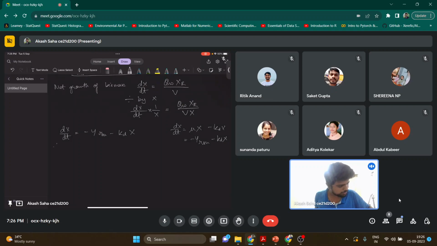Here also I will divide by X, so it becomes 1 by X dx by dt equal to Y rsu by X minus kd. Then I substitute this equation here: Qw Xr by VX equals Y rsu by X minus kd.